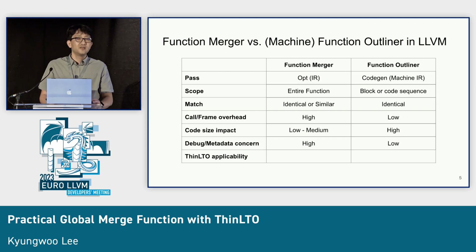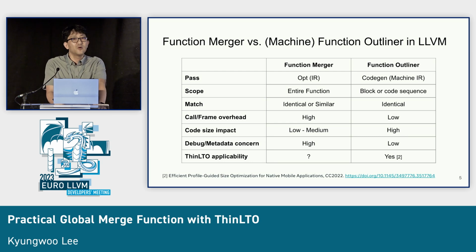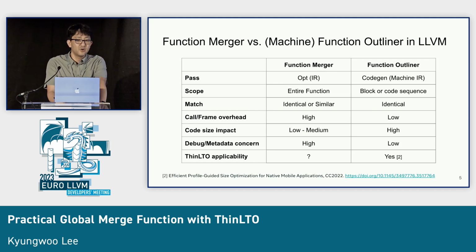Is it because they require explicit comparison of IRs, which is not available in the ThinLTO context? Actually, the same challenge was already there for the function outliner, but we developed a global outliner that can overcome this limitation to some degree. So in this presentation, we would like to apply a similar global approach for function merger applications.